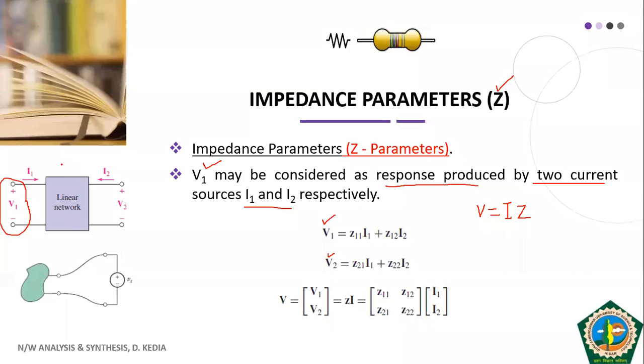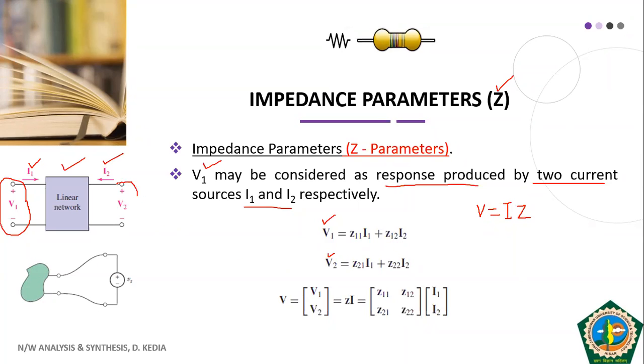So we can see in the network there are two currents flowing, one is I1 and another is I2. So obviously your V1 will be equal to the responses due to both the currents, I1 and I2. So that's why we have written V1 is equal to Z11 I1 plus Z12 I2.